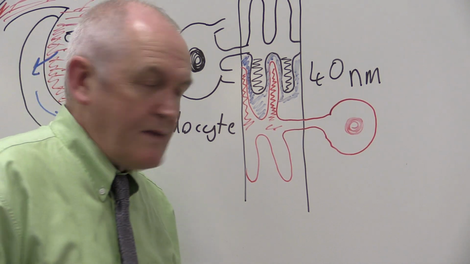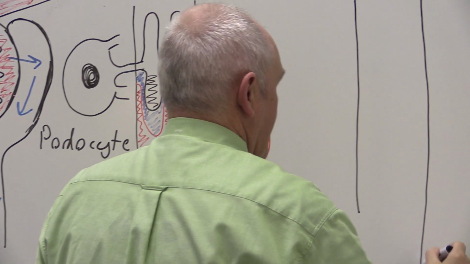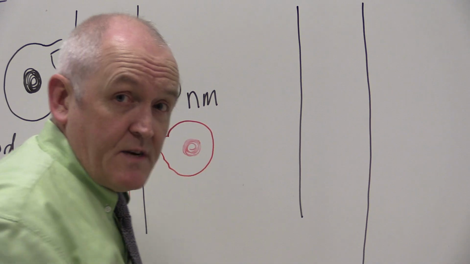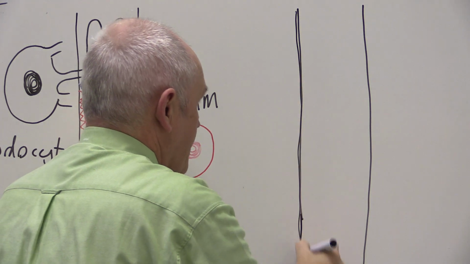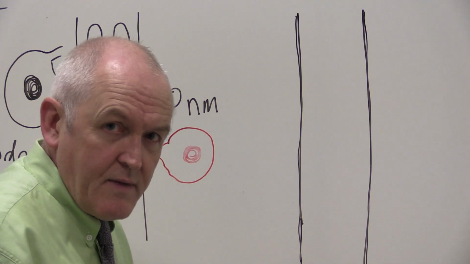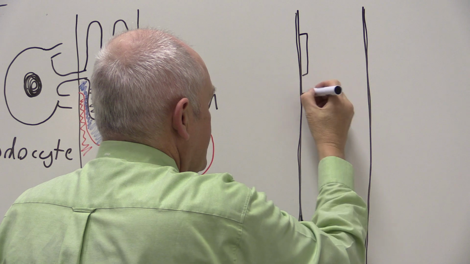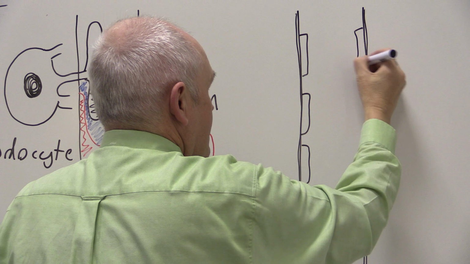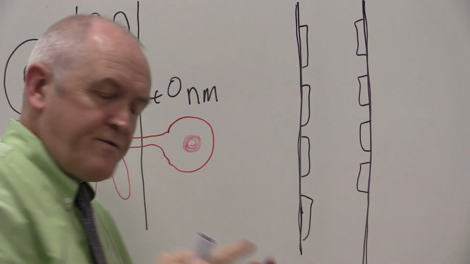And maybe just one more diagram to explain this. Again, we've got the glomerular capillary. And now we're looking at a cross-section of the capillary, and this will be the basement membrane here of the capillary of the glomerulus, and the vascular endothelial cells inside again are almost finger-like.